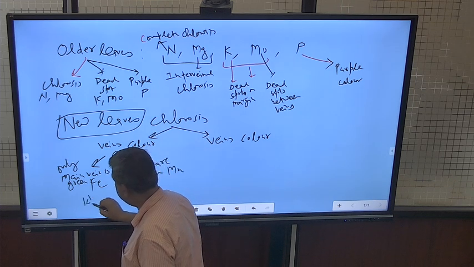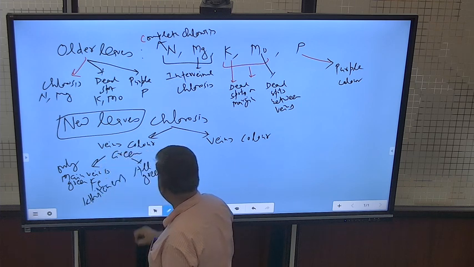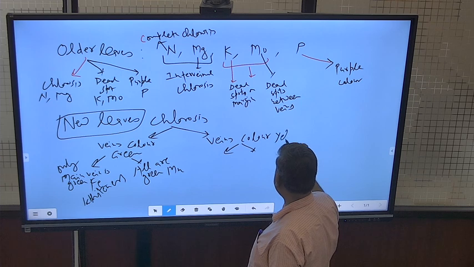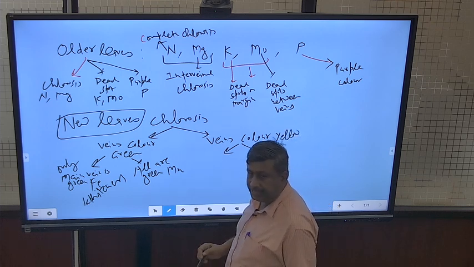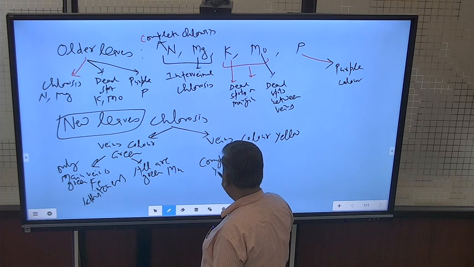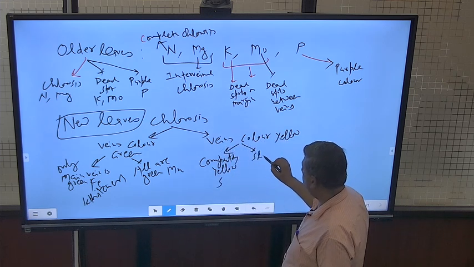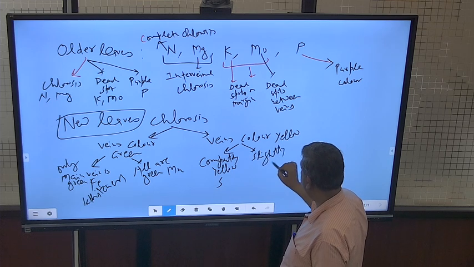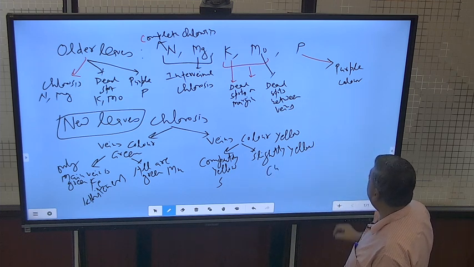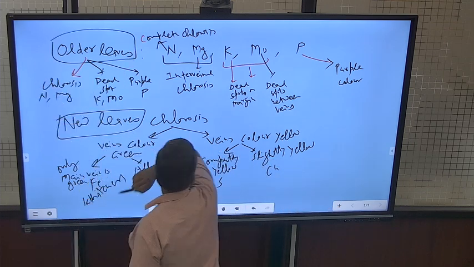And if the vein color is yellow, not green, if completely yellow, then it is sulfur. If it is slightly yellow, then it is copper. So these are the older leaves and new leaves, and now the terminal buds.